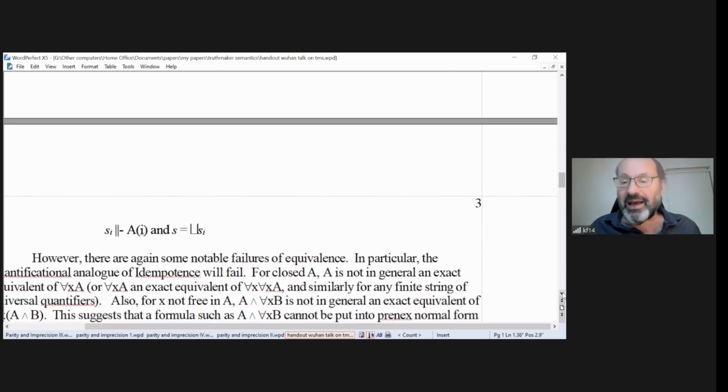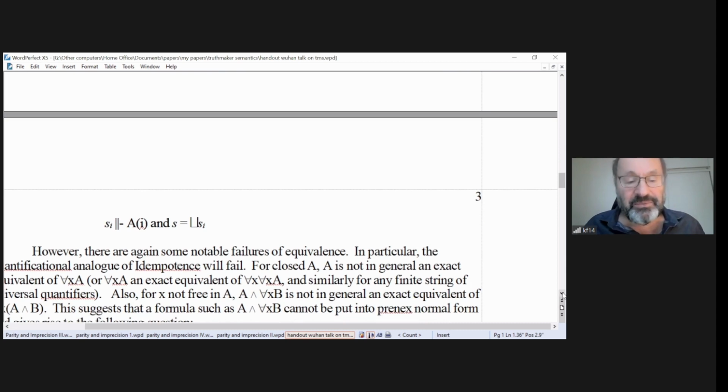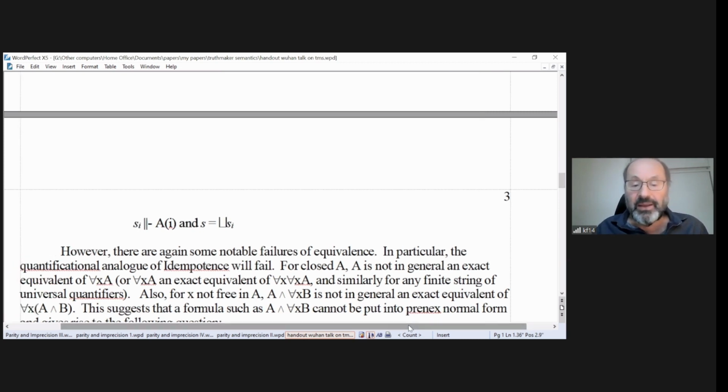And to make things worse, let's look at this thing below. We've got A, which I can take to be closed here, and for all XB, and for all X in brackets A and B. So I'm taking the quantifier out here.